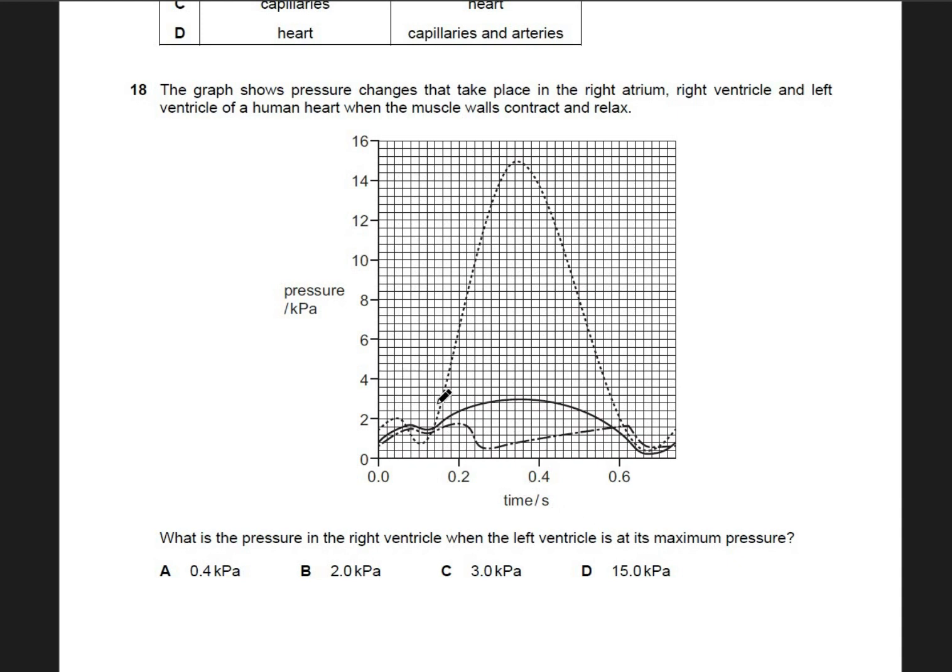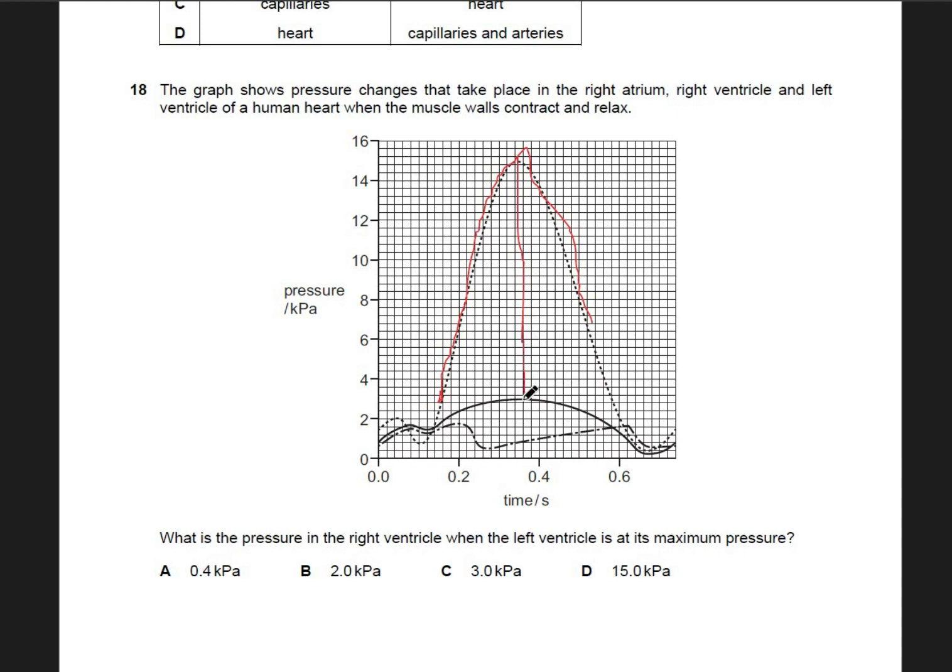All right, so for the left ventricle, you should know the diagram made in your book, and you should learn this diagram and understand it. This is the graph of the left ventricle, and the left ventricle is at maximum here. We have to check the pressure at which the left ventricle is showing the maximum pressure.